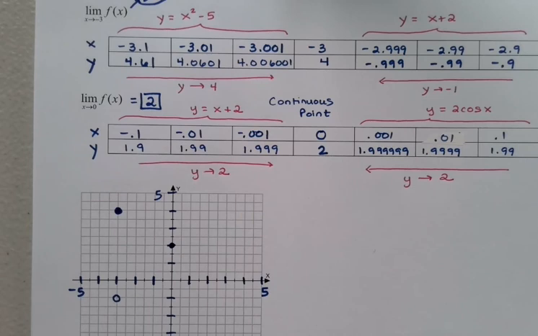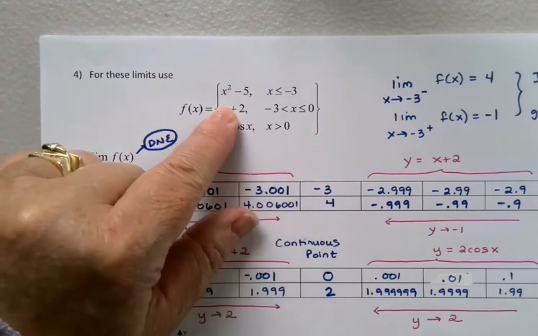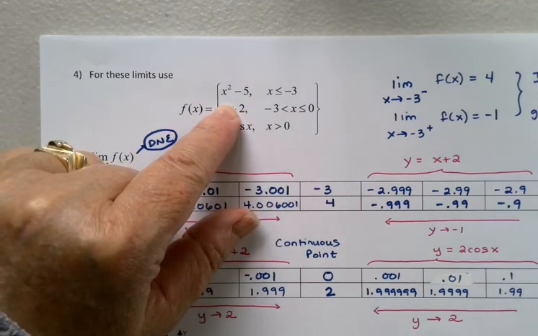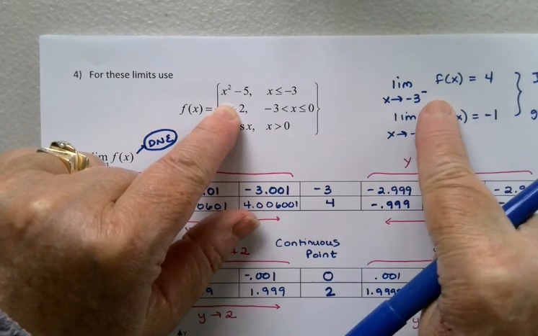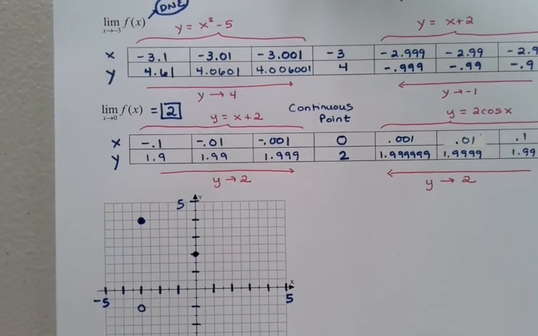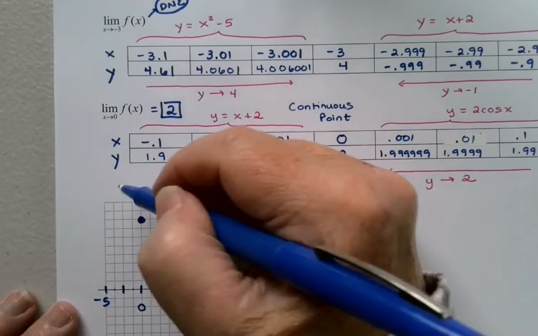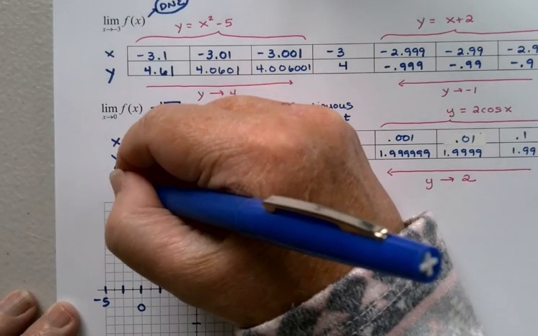All right, so let's see. It looks to me like we're connecting several pieces. When x is less than or equal to negative 3, we have a piece of the parabola, x squared minus 5, and we're coming towards that point negative 3, 4 from the left. The full parabola, of course, would be all the way like this. This is just a piece of it.